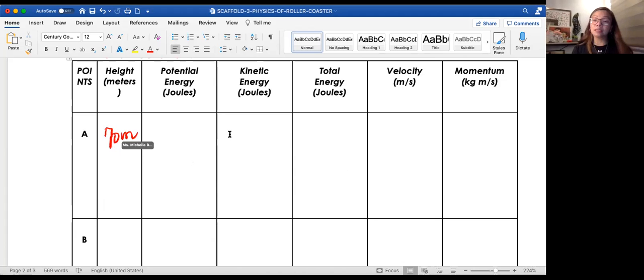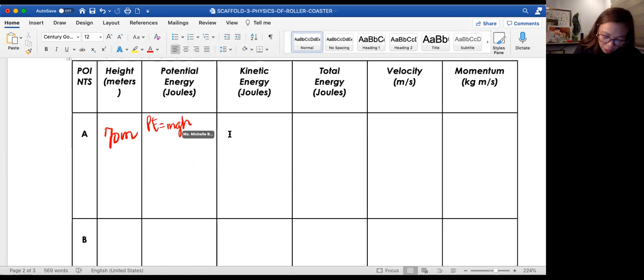As discussed about energy, PE is equal to mgh.